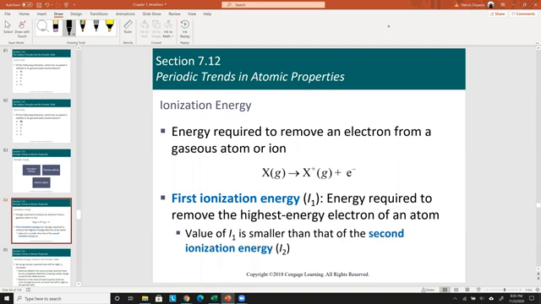Would it take a lot of energy or a little bit of energy to remove an electron from a nonmetal in comparison to a metal? A lot. Good, Daniel. So it would take a lot of energy because fluorine wants to hold on to those electrons, doesn't want to get rid of them. So its ionization energy would be large. And just knowing that would tell you the basic trend.